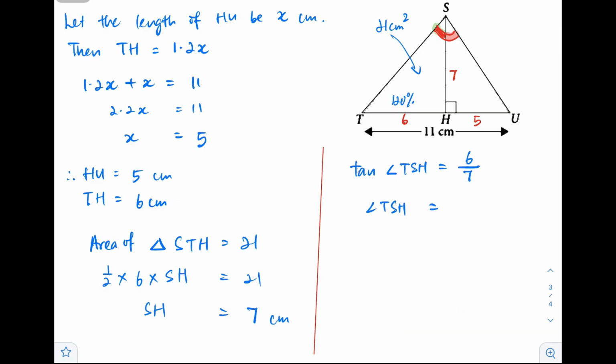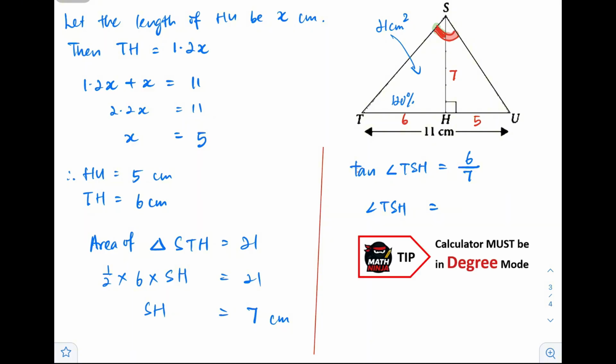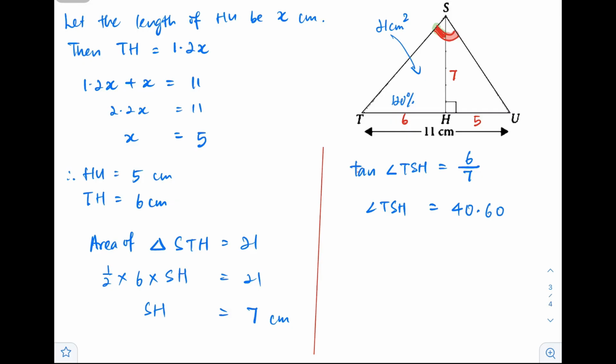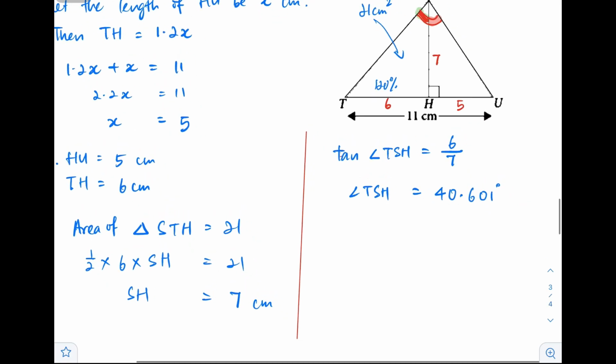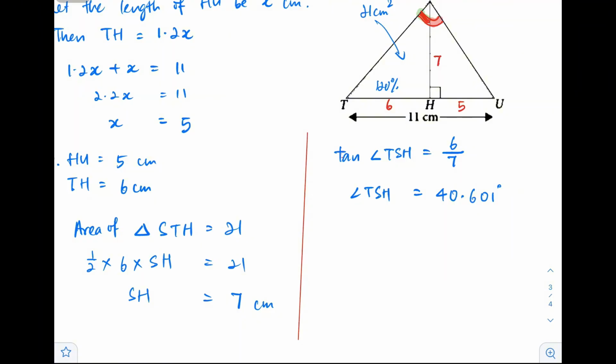So again, to find the angle TSH, I need to press my calculator in degree mode, inverse tangent or second function tangent, 6 divided by 7, and I would have 40.601 degrees. Right, so let's use the working answer first because later we will need to add it to another angle to find our final answer.